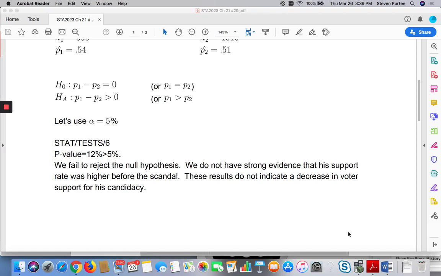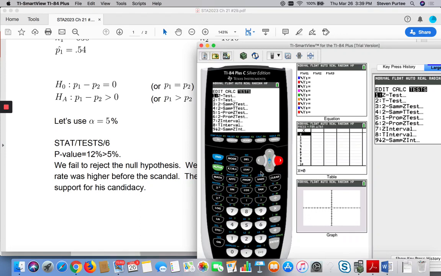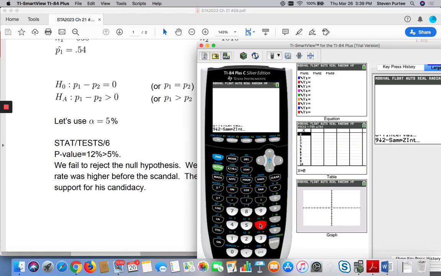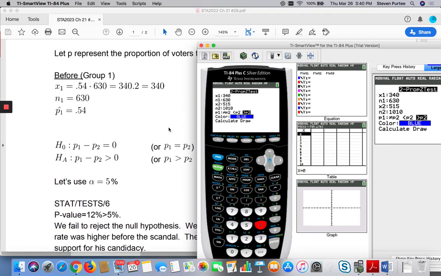We plugged everything in our calculator. We went stat over to tests and down to number 6 and typed in our x1, our n1, x2, and n2. This is the alternative we wrote, greater than.